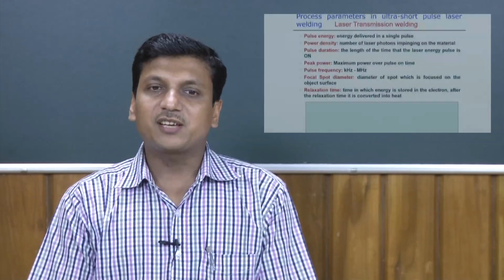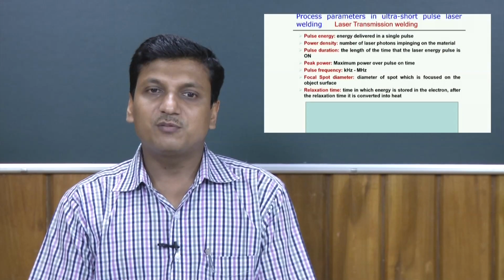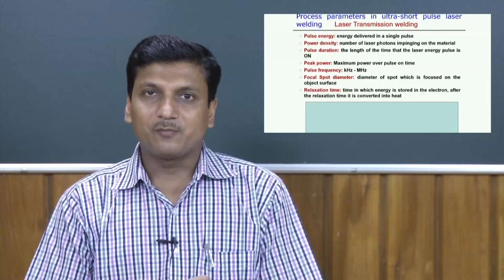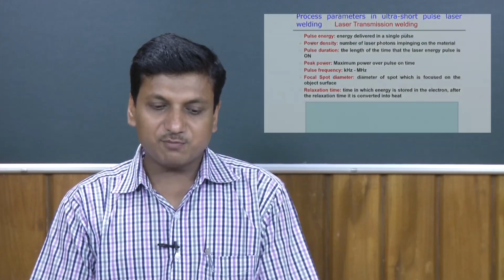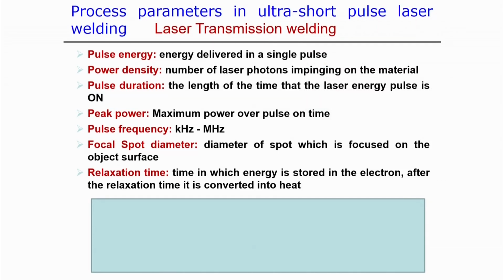Peak power is the maximum power with which the laser is focused on a specific object. Then pulse frequency, in welding processes, normally ranges from kilohertz to megahertz, and spot diameter is the diameter over which the laser is focused. In laser transmission welding, laser relaxation time is important when we use the ultra short pulse laser.